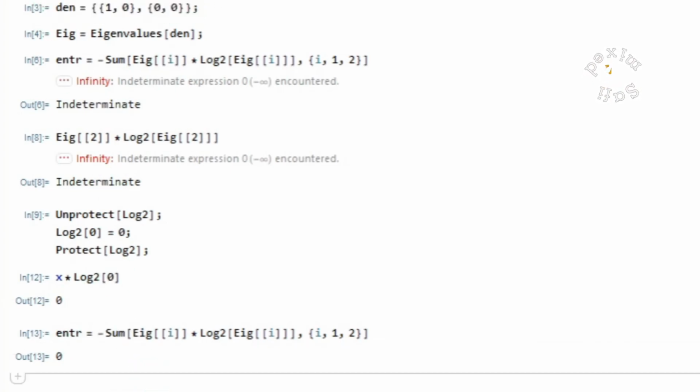So if the indeterminate result is arising because of the 0 times log to the base 2 of 0 in your relation for doing your calculation, you can do it this way.